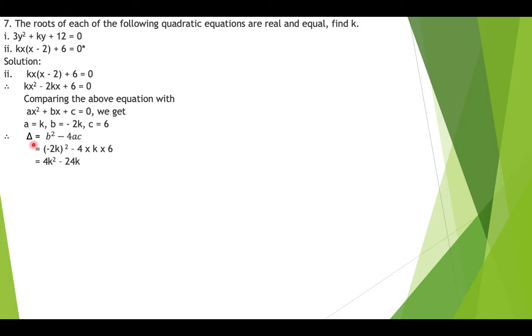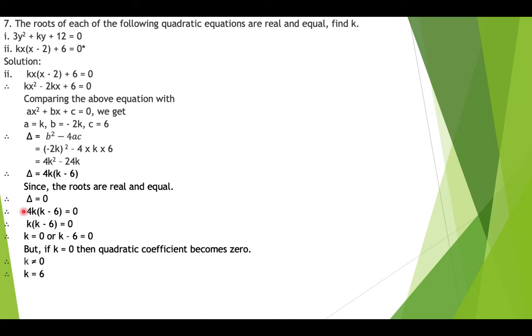So we are getting delta is equal to b square minus 4ac, which is 4k into k minus 6. Since the roots are real and equal, delta is equal to 0. Therefore 4k into k minus 6 is equal to 0. Dividing by 4, k into k minus 6 is equal to 0.